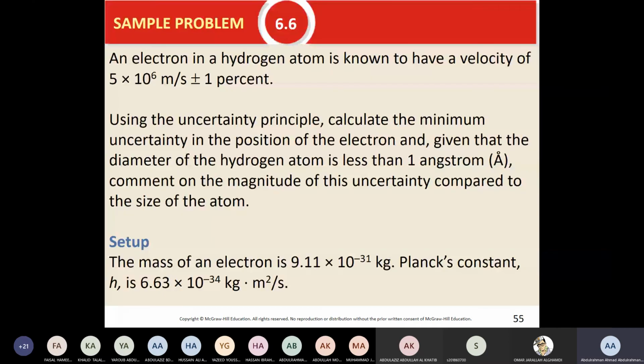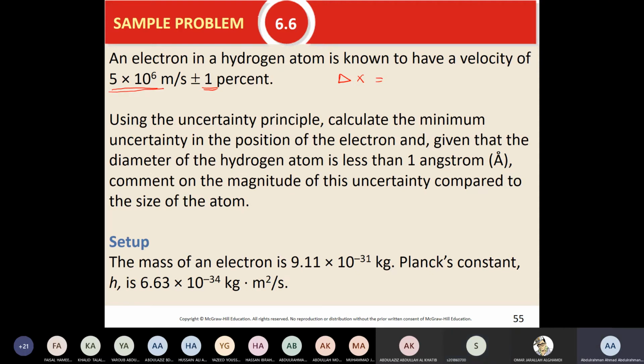Okay. An electron in a hydrogen atom is known to have a velocity of this, this is the velocity of the electron, and the error is 1%. So what's delta x? Sorry, velocity. Why did I say x?